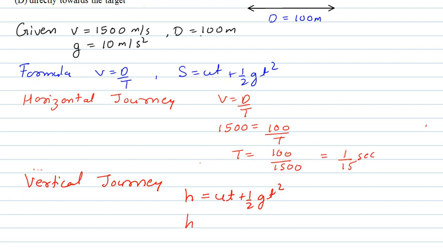So h will be equal to, as we know that there is no vertical velocity initially, so it will be 0, and the time will be 1 by 15, plus 1 by 2, and the value of g is 10 as given, and the time is 1 by 15, so it will be squared.